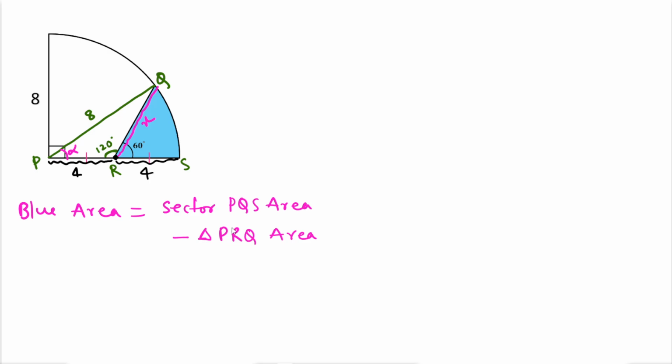So first we will calculate the area of this PSQ sector. So we can write sector PQS area equal to theta by 360 into pi r square. This is the formula, and theta we have just calculated, means this alpha, in place of theta is actually alpha here.